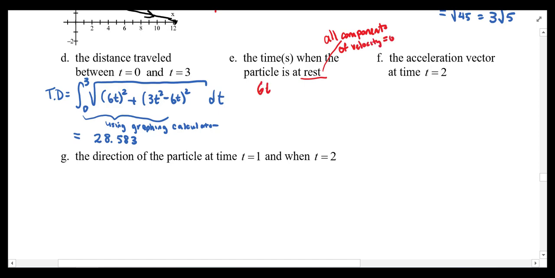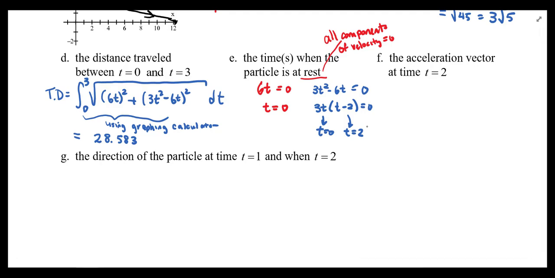So therefore, I'm going to take the x component and make that equal 0. I just get t equals 0. And I'm going to do the same thing with the y component, which would be 3t squared minus 6t. And I'll make that equal 0. And if I can factor this out, I'll notice, and I hope you notice too, that we have t equals 0 and also t equals 2. But once again, at rest means I need both components to be equal to 0.